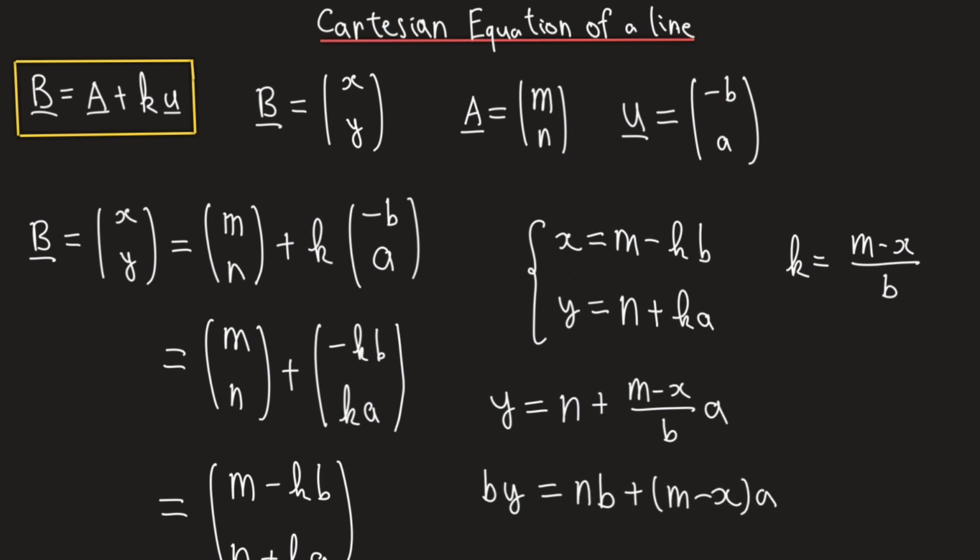Note that here what I've done is multiply on both sides of our equation by b. And finally, we distribute a in this expression right here. So we have by equals nb plus ma minus ax.